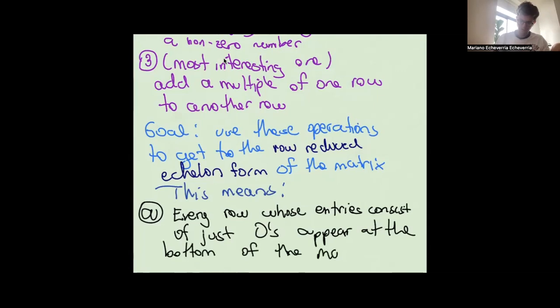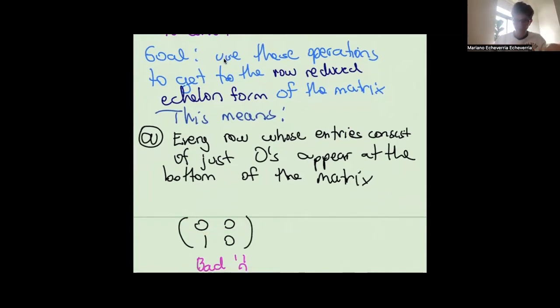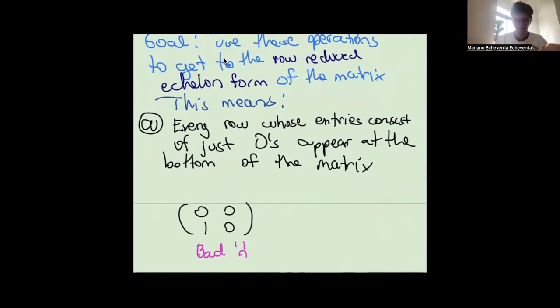Just to give you a very simple example, if I write something like this, I don't like this. This is bad because this zero row is at the top. So what is the good way? The good way is to send it to the bottom. So 1 0 0 0, this is good.